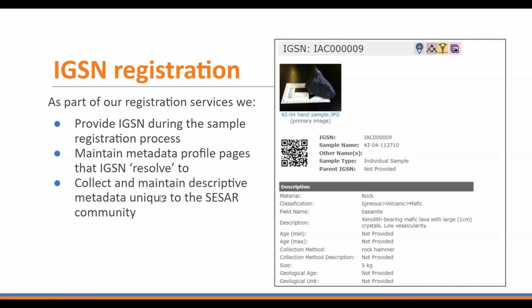When a sample is registered in SESAR, it's issued an IGSN. And as we've mentioned, they're resolvable and they lead to this landing page, which we're previewing here on the slide. And so the registrant owns that metadata and can update it at any point in time. SESAR just ensures that it is a persistent page and that it will always be there.